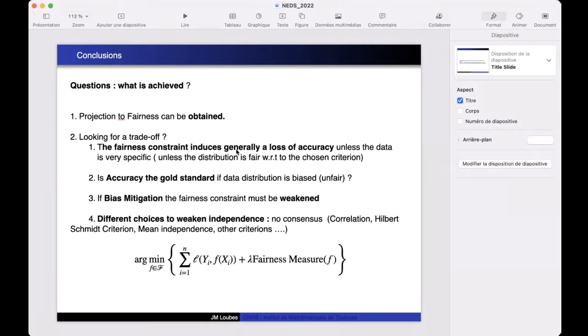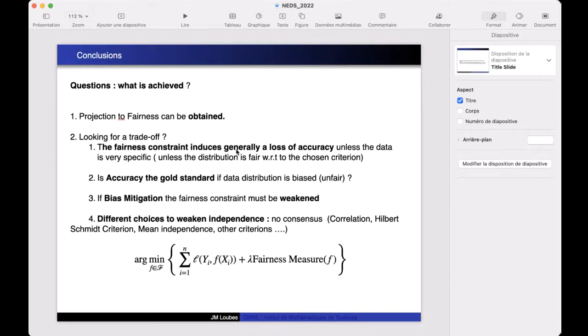I can quantify it using the Wasserstein distance between the distribution of the fair classifier with respect to the classifier of each distinct model. So I can really quantify this price for fairness.